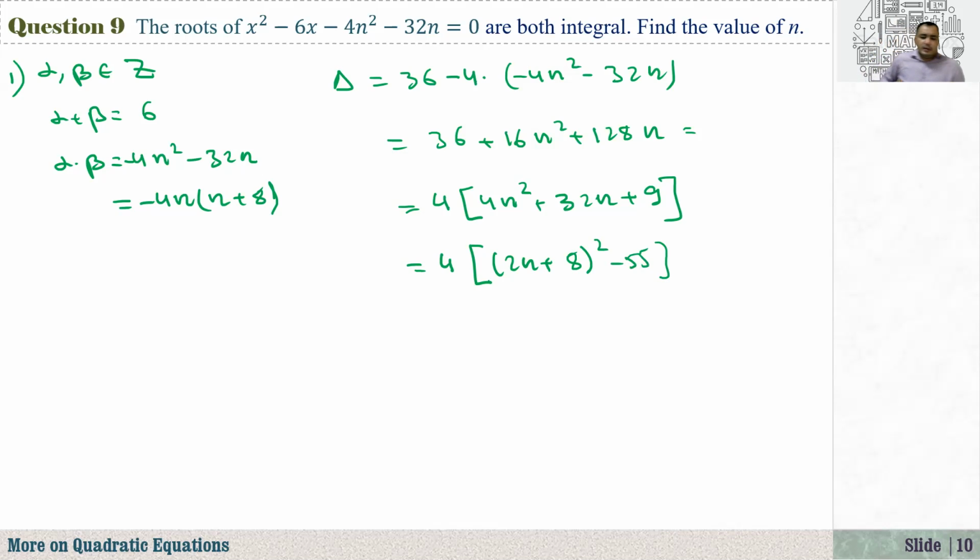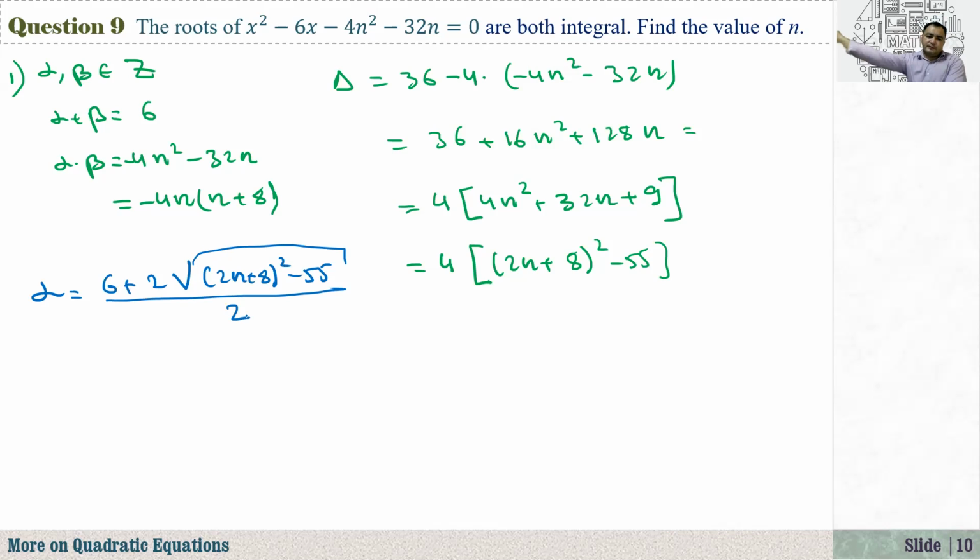Anyway, now if I write the roots using the discriminant, alpha will be equal to 6 plus 2 square root of 2n plus 8 squared minus 55, over 2, right?